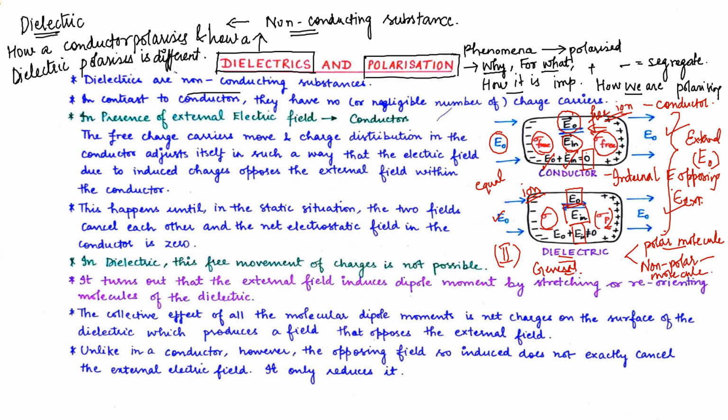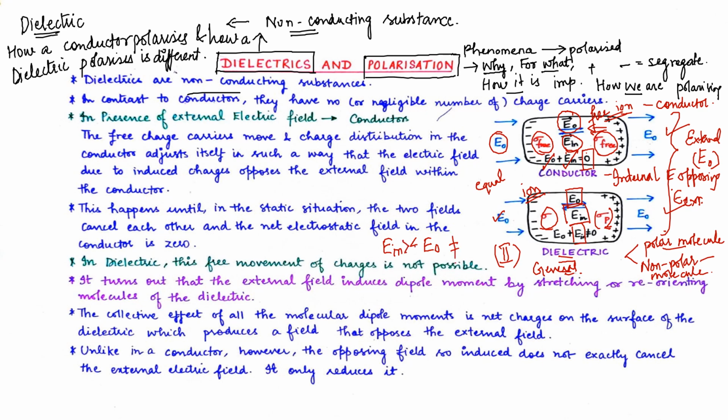But in this case the E inside, produced by the inside ions or these polar or non-polar molecules, is either smaller than the external one or greater than the external one. It can be greater, can be smaller, but is never equal.